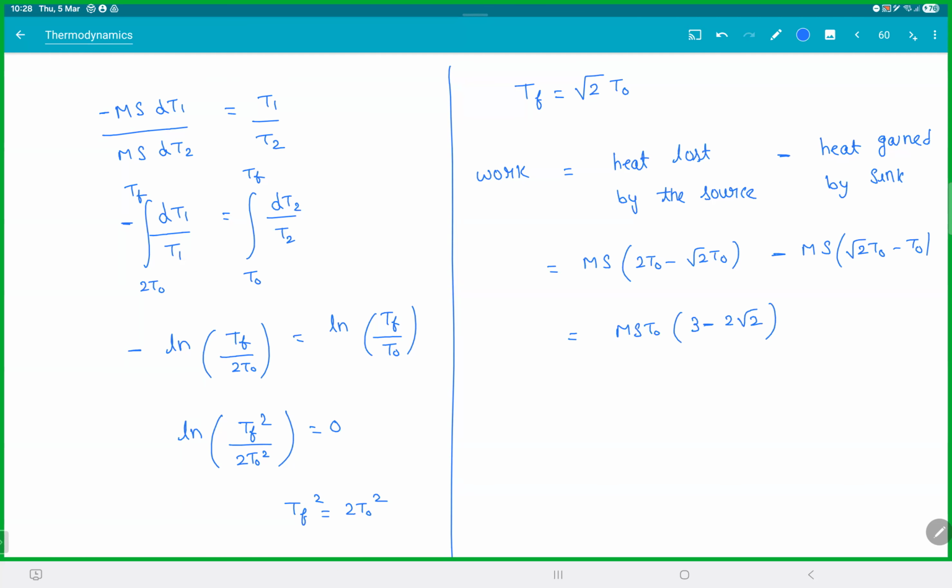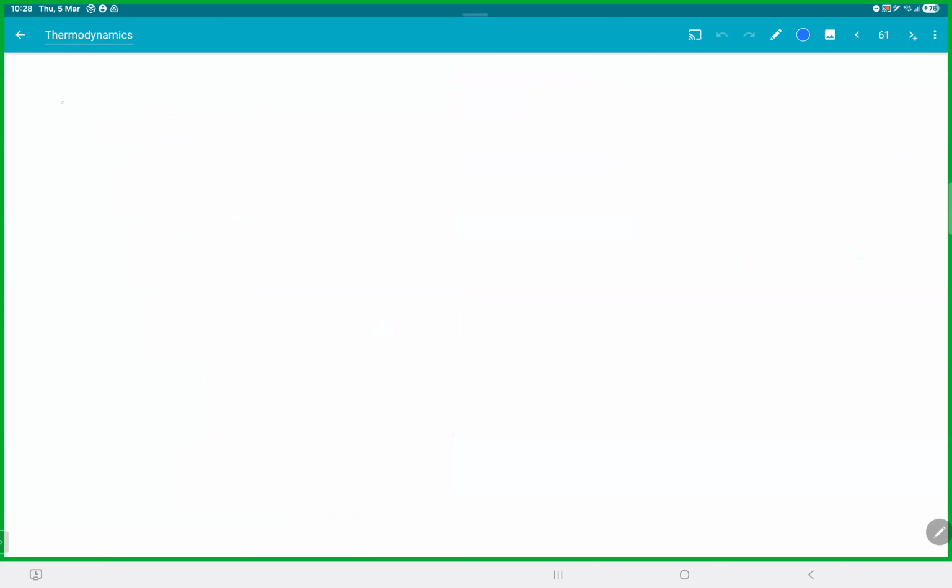Now in heat engines, there is one more variation, the refrigeration cycle. The refrigeration cycle is the reverse of a heat engine. Source, let's say we are using a Carnot engine, and sink.